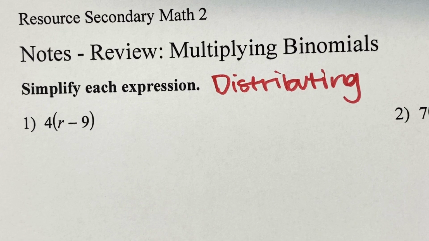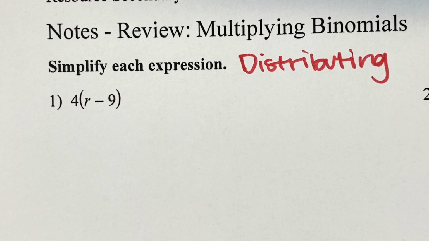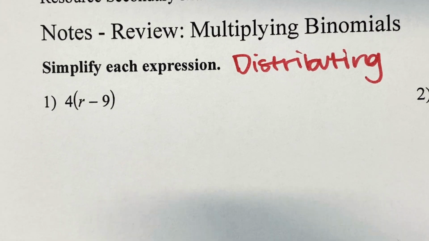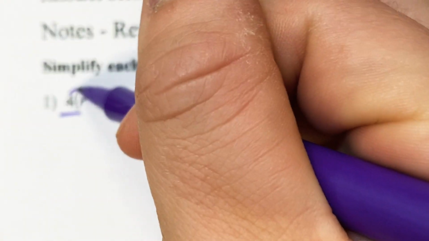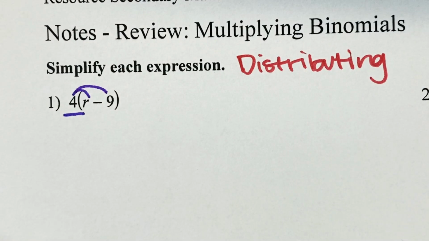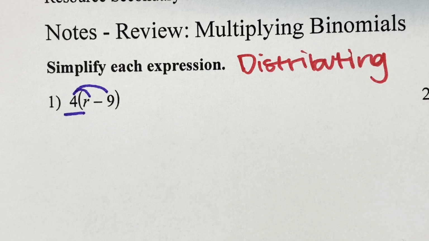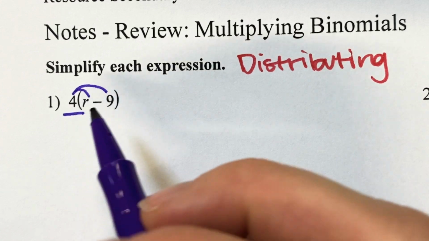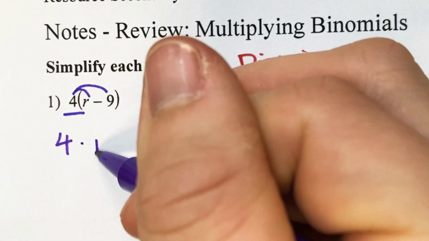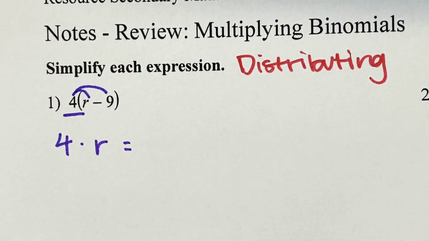Okay, so when we're distributing, you want to find the parentheses, and you want to find the number that's right in front. And in number 1, the number that is right in front is going to be this 4. So 4 is going to multiply to both terms inside. So we have 4 times r, which is going to give me, what is 4 times r?